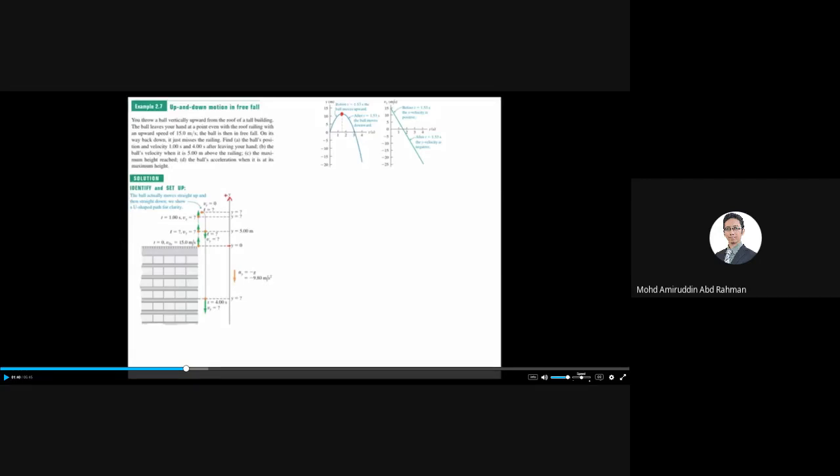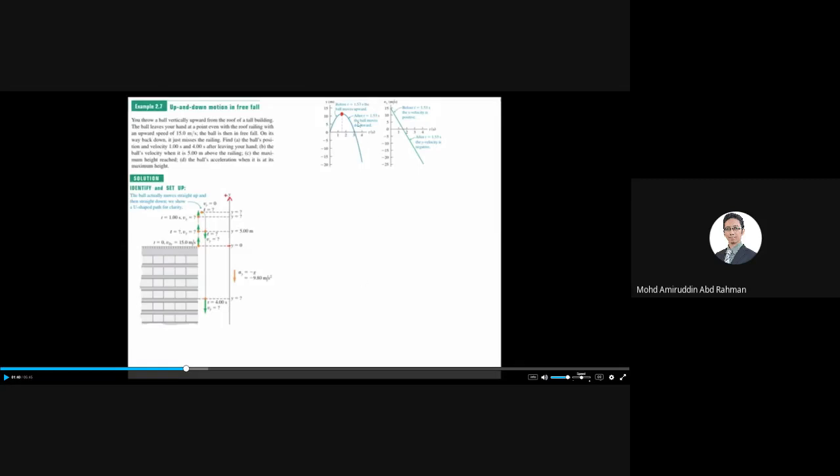Okay, so that's the position of the ball, and then according to the graph, when you translate it as the Vy, which is the speed, of course the initial speed is 15 meter per second, and then it will gradually drop until it reaches the peak, at the peak where Vy is 0.